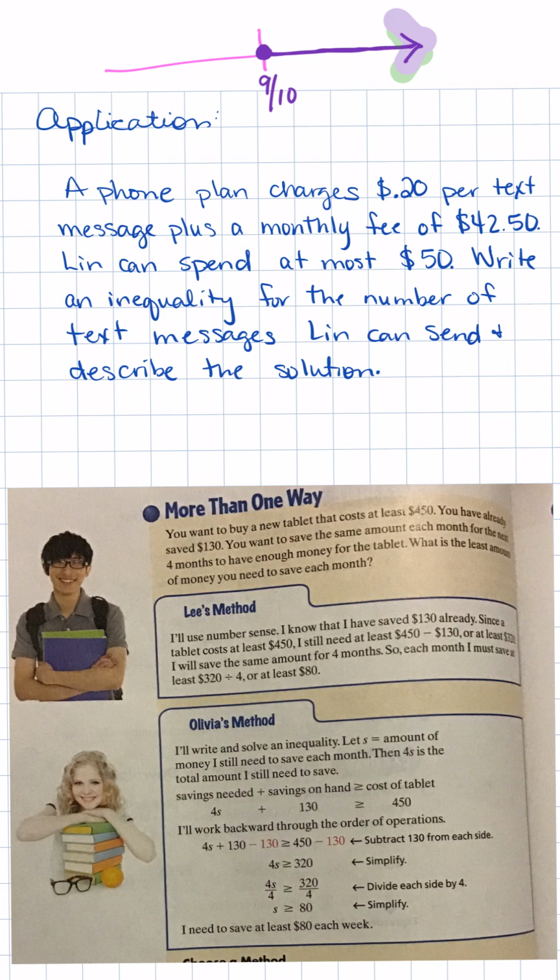So we're going to say that she's paying first the $42.50 plus 0.2, so 20 cents per text. And we want to see what that is. Lynn can spend at the most, so the most it can be is $50.